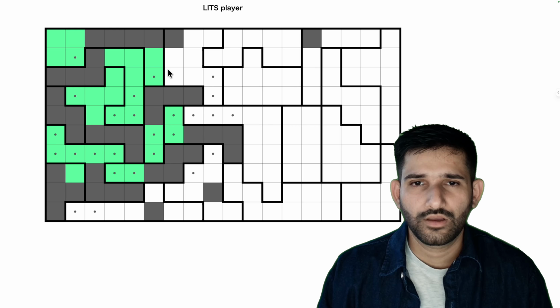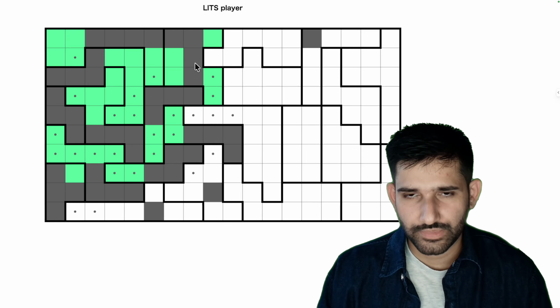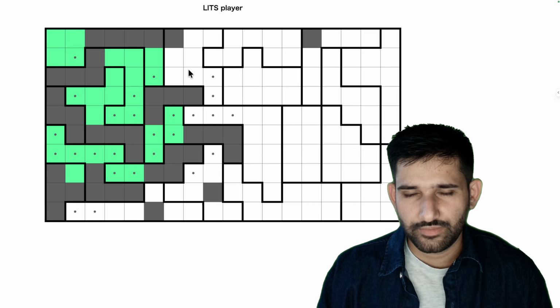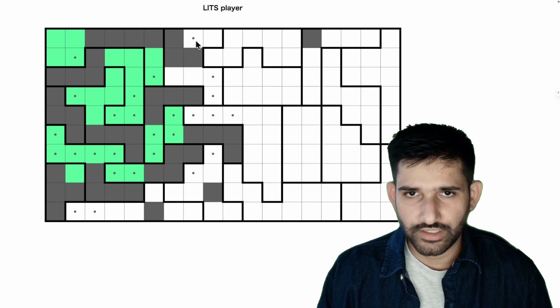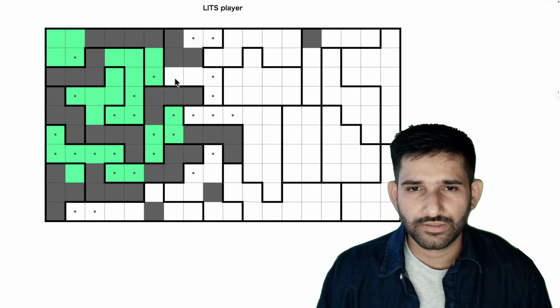So I cannot make this L shape. I cannot make this L shape. So the only shapes that I have are this and this. Right. And in both cases, these two cells are going to be shaded and these are going to be unshaded. And exactly one of these two cells is shaded.